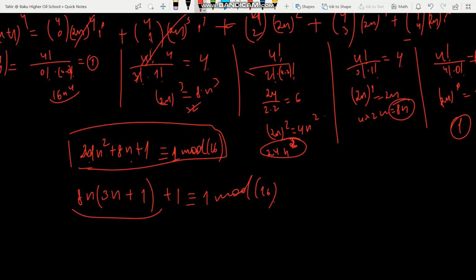And you can see that we have 8 here, and in order to make this term fully divisible by 16 we need one even number, because each even number contains 2, and when we divide, the remainder is 0.